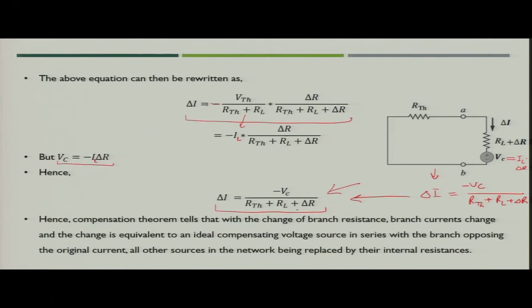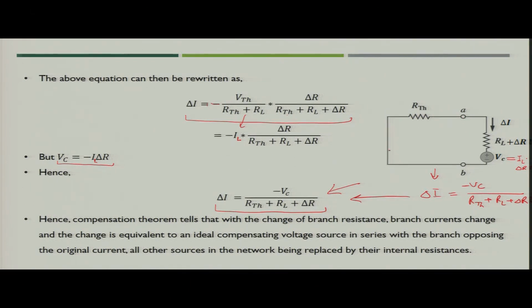This justifies that when you follow the compensation theorem, you can directly place the voltage source in series with the resistance where the change in resistance happened. In this case, it was delta R. The value of the placed voltage source is equal to the original current multiplied by the change in resistance, that is delta R, and at the same time we keep all the other voltage sources in the network off.